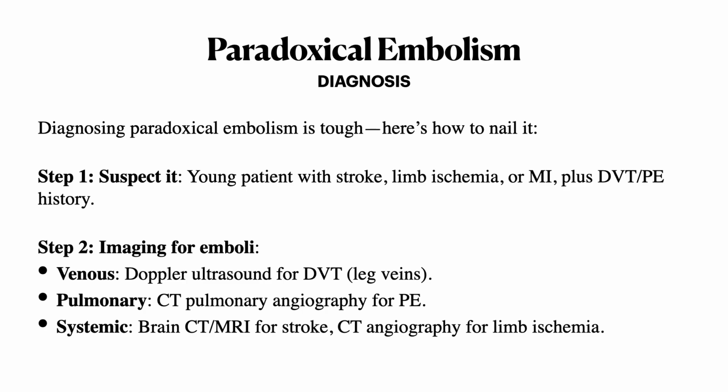If a patient is young with stroke, limb ischemia, or MI plus a DVT or PE history, we have to suspect it. In imaging, we have to look for the emboli. Venous imaging is usually done by Doppler ultrasound for DVT in the leg veins, pulmonary imaging by CT pulmonary angiography for PE, and systemic imaging by brain CT or MRI for stroke and CT angiography for limb ischemia.